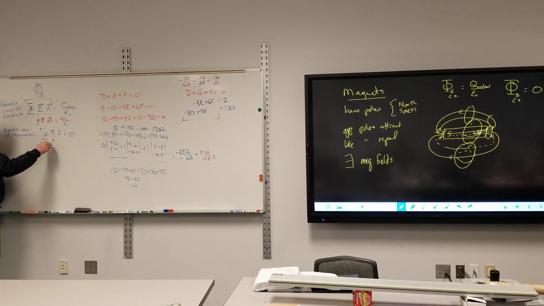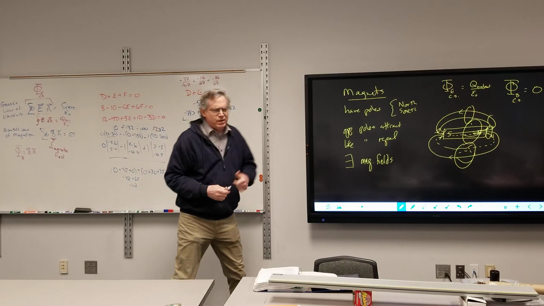So, magnetic field. The magnetic flux phi sub B is just B dot A. No, there I used B, okay.